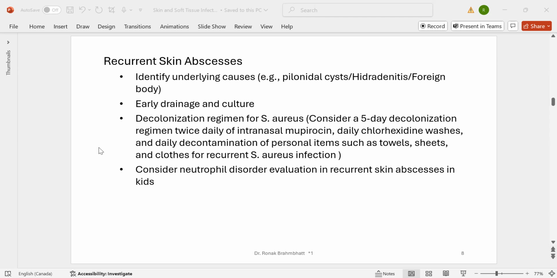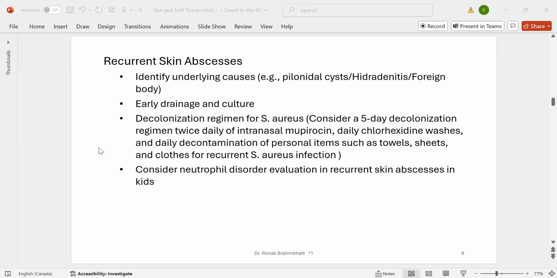Now we have conditions that in general lower our body's immunity. Diabetes is one, like all of you said, which can lower our body's immunity. What are some of the other conditions? HIV is another one. Okay, good. Anything else that lowers our body's immunity? Uncontrolled diabetes, HIV, what else?